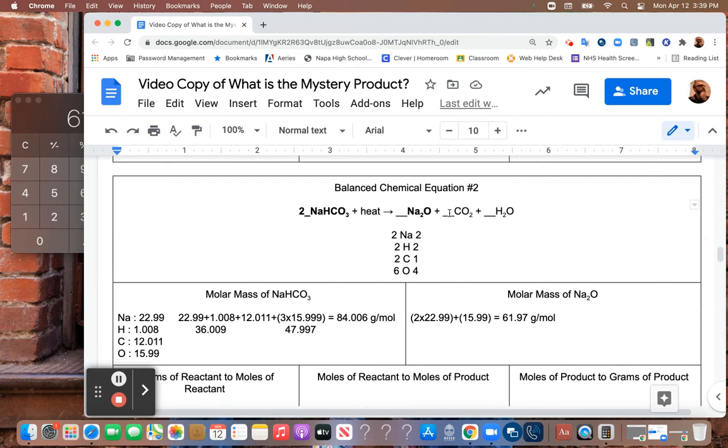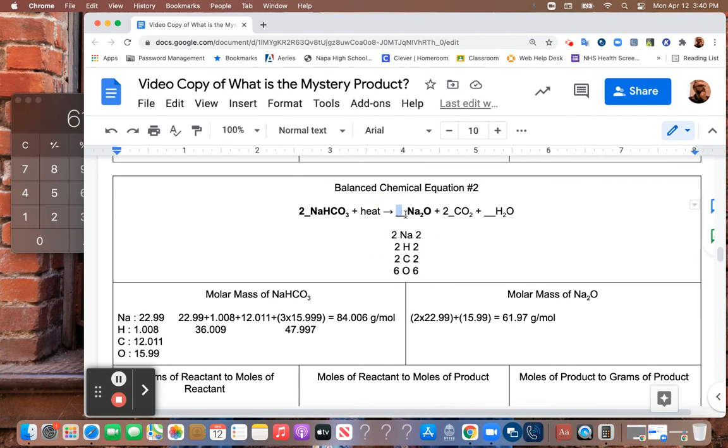So how many carbon dioxide do I need to make the carbons balanced? Yeah, I need 2. Okay, so that means that now I have 2 carbons, and I have 1, 2, 3, 4, 5, 6 oxygens. Okay, so sodium is balanced, hydrogen is balanced, carbon is balanced, oxygen is balanced.